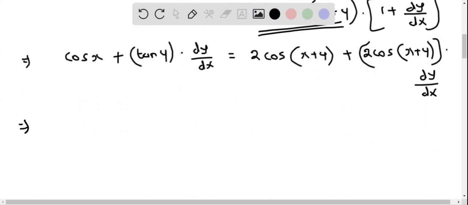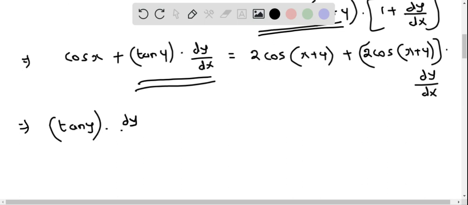So let's do that. I'm going to group all the dy by dx onto the left side. So I'm going to put the dy by dx, which is on the left side, as it is. And let me bring this dy by dx onto the left side. When I do that, I should put it as a negative term.